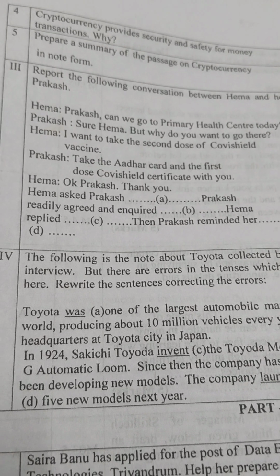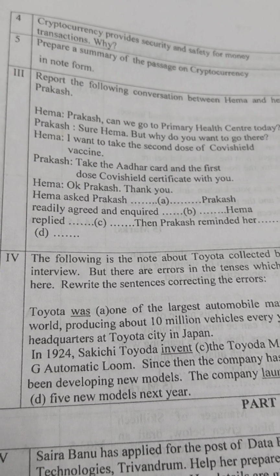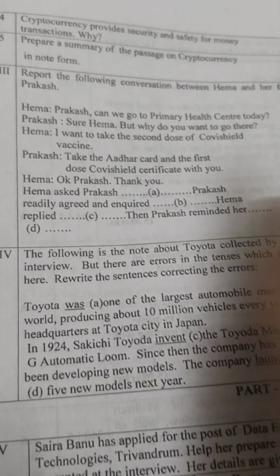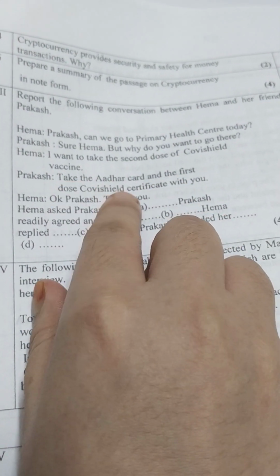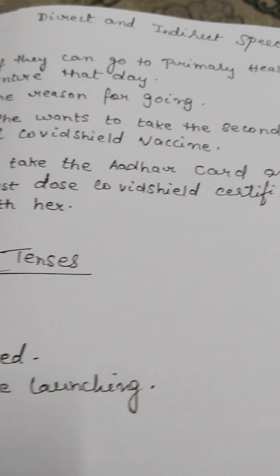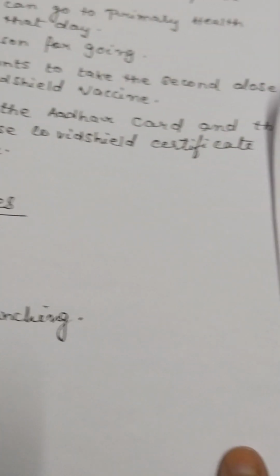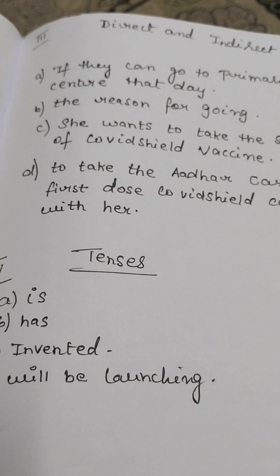The last one is, then Prakash reminded her. So here what will we do? In the direct speech, you can take the Aadhaar card and the first dose Covishield certificate with you. But when it comes to here, you can see that he reminded her to take the Aadhaar card and the first dose Covishield certificate with her.